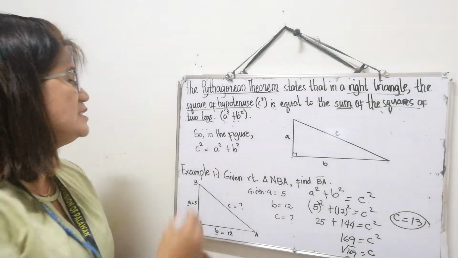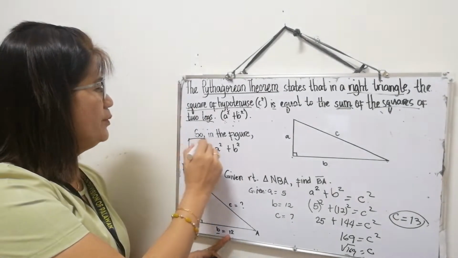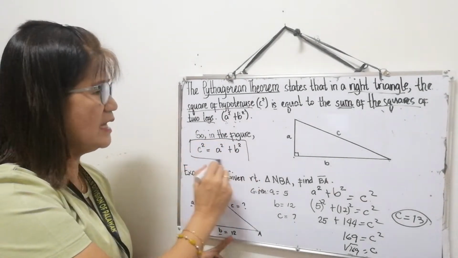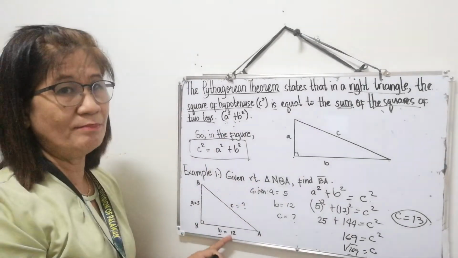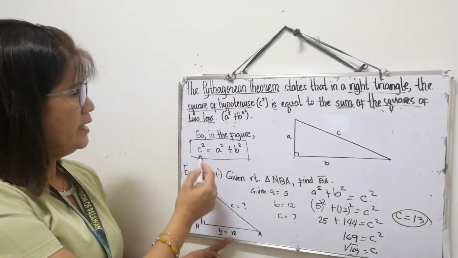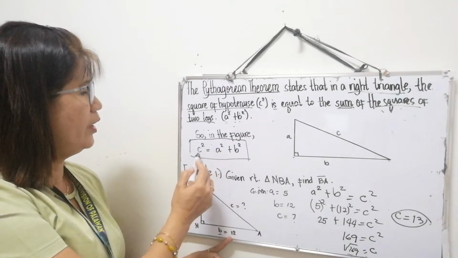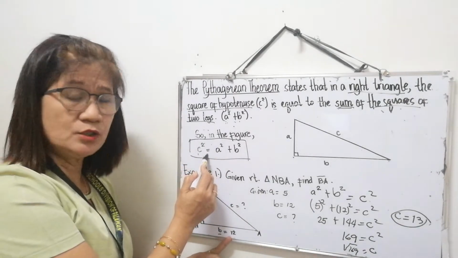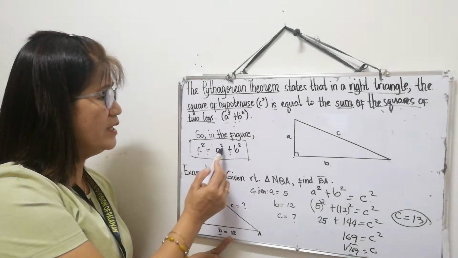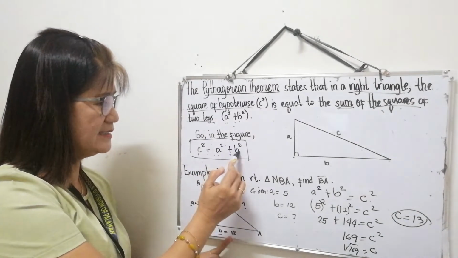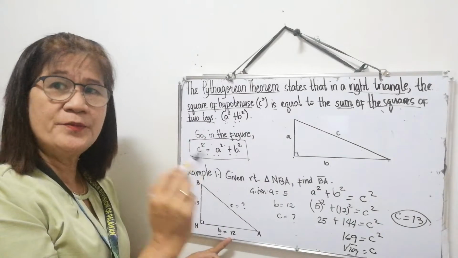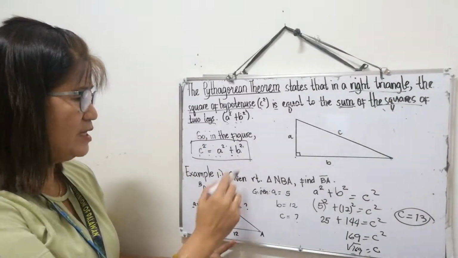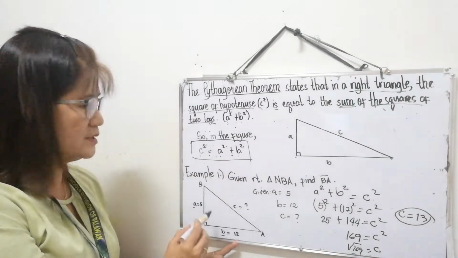Okay? So this is our formula. Ito yung nabuo natin doon sa theorem na yan, batas ng geometry, no? C squared, or the square of the hypotenuse, is equal to the sum of the squares of the two legs. Okay?